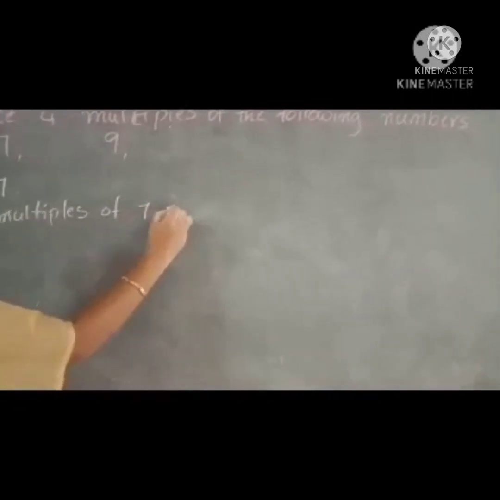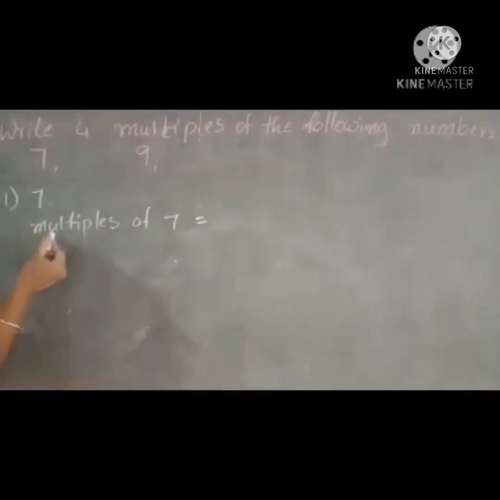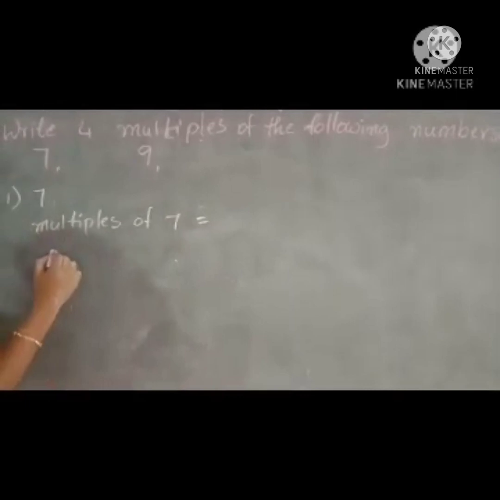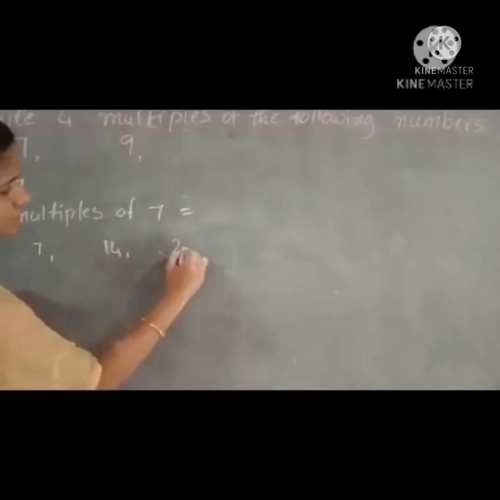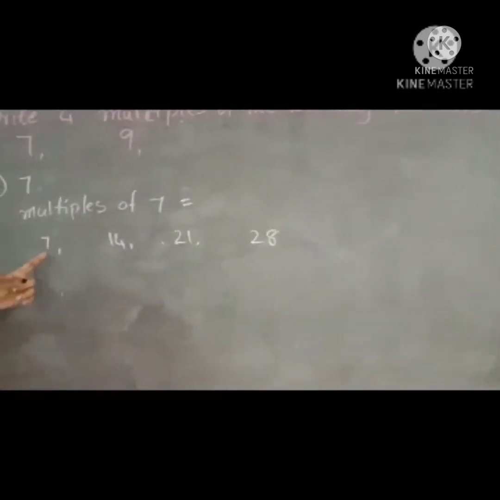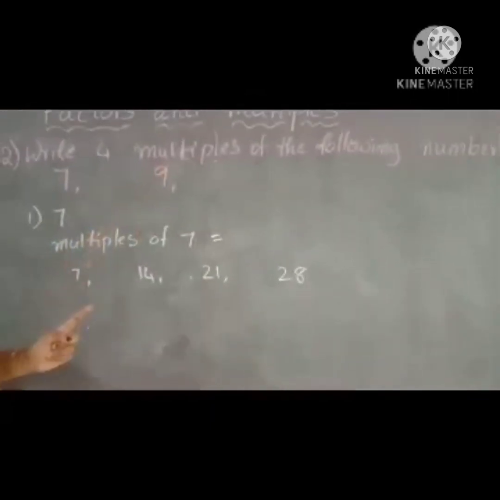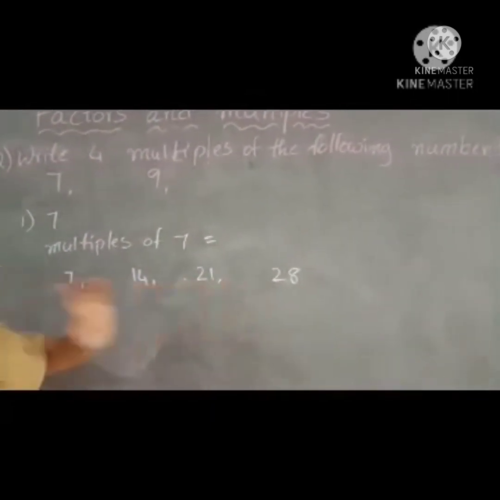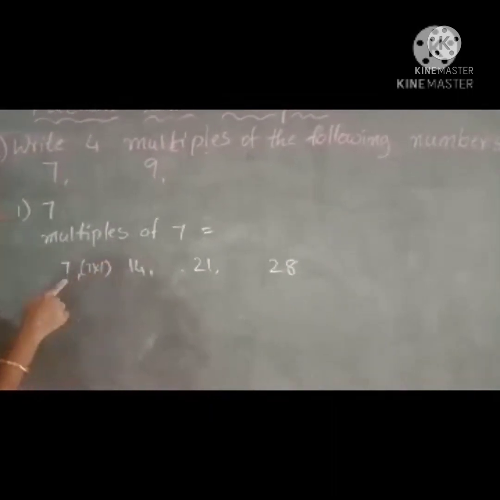Multiples of 7 equals to, what are the multiples of 7? What I told is just we have to write the 7 table. 7, 14, 21, 28. How many? 1, 2, 3, 4. What is the question here? 4 multiples now. That's why here we have to write only the 4. See here, 7 into 1 equals to 7.